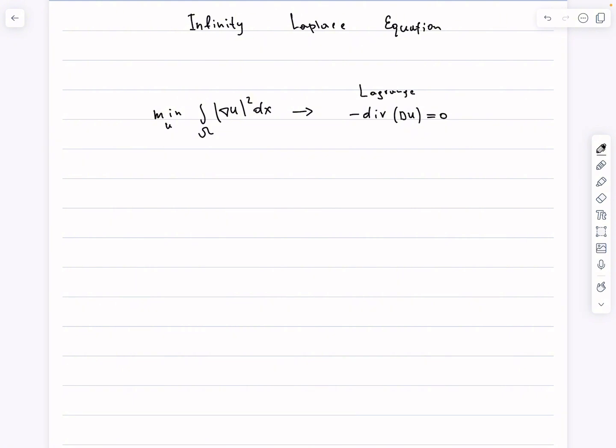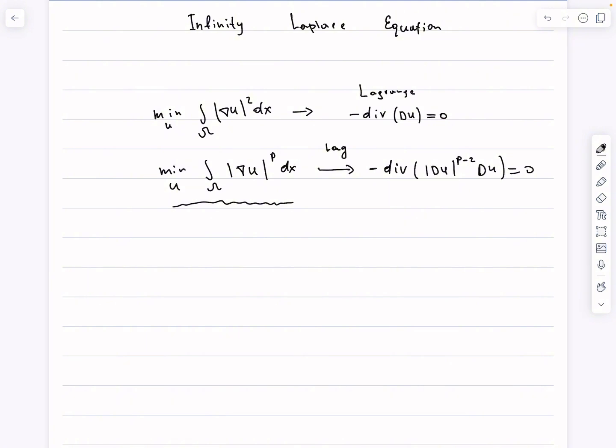Now, how about minimizing this integral of |du| not to the power 2 but to the power p, dx? Again, when we use Lagrange, we come to the divergence of |du|^(p-2) du. But for now, it is not important for us how we come from minimization of this problem to this.